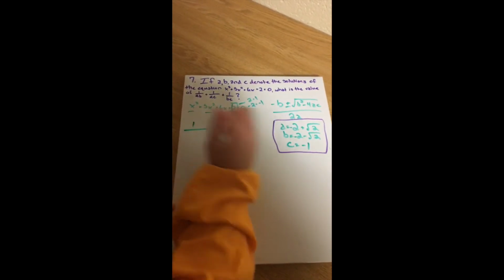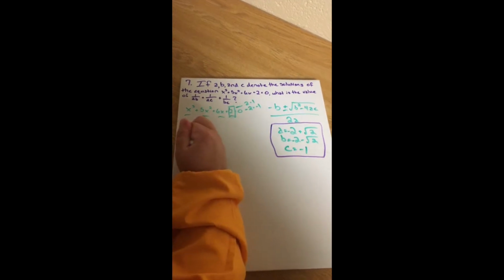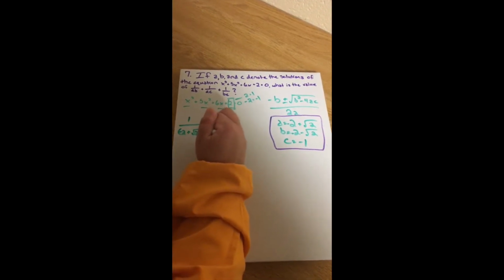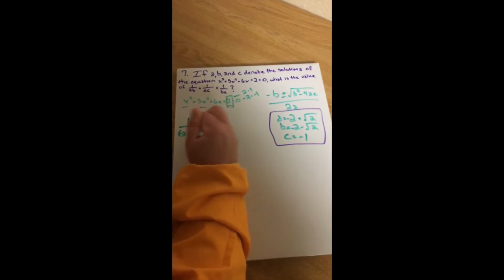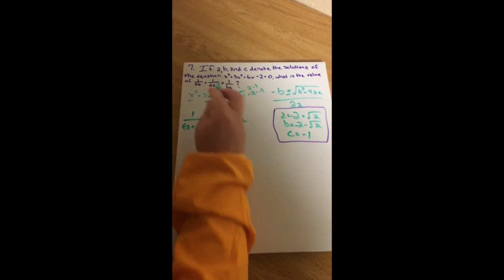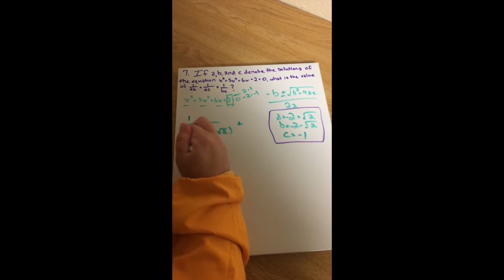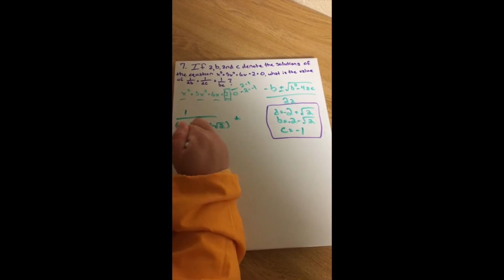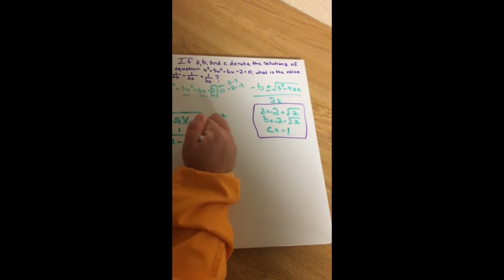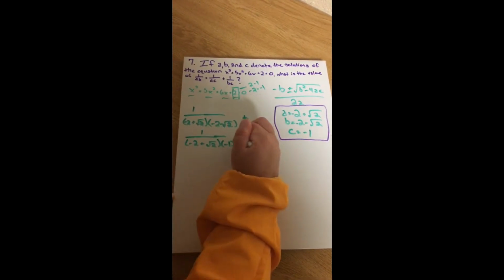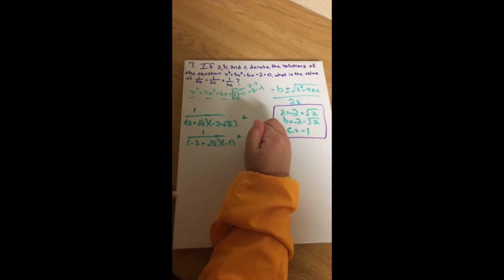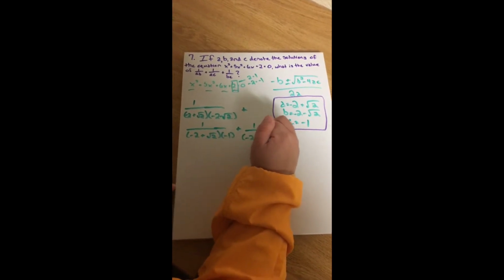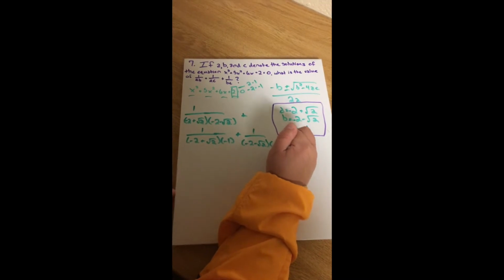So 1 over a times b, which is 1 over negative 2 plus the square root of 2 times negative 2 minus square root of 2, plus 1 over a times c, which is 1 over negative 2 plus root 2 times negative 1, plus 1 over b times c, which is 1 over negative 2 minus root 2 times negative 1.